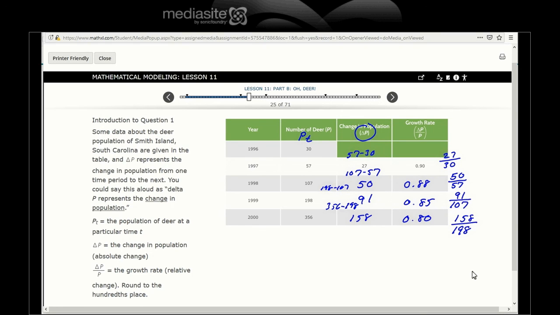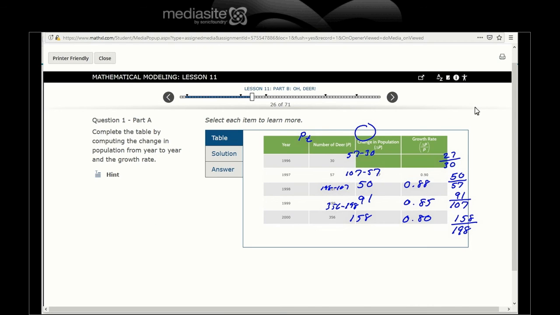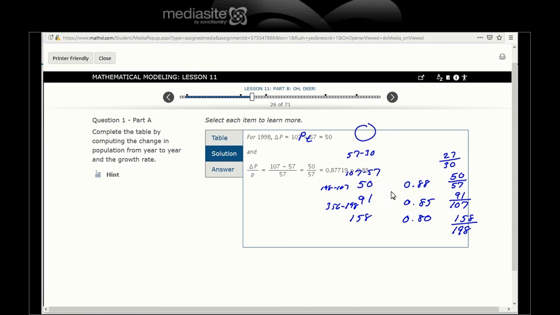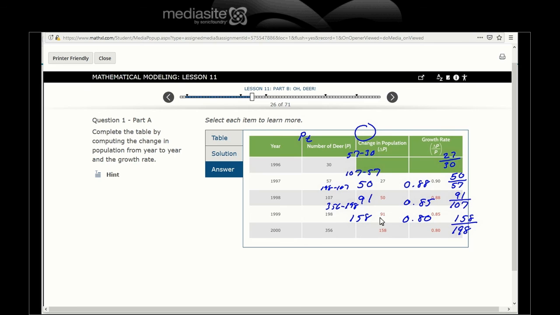So it looks like we're increasing, but at a decreasing rate, I guess. Around the nearest hundredth. Whoops. So let's see what it looks like. We had 27, 50, 91, 158 and 0.90, 0.88, 0.85, 0.80. So yeah, did it correctly.